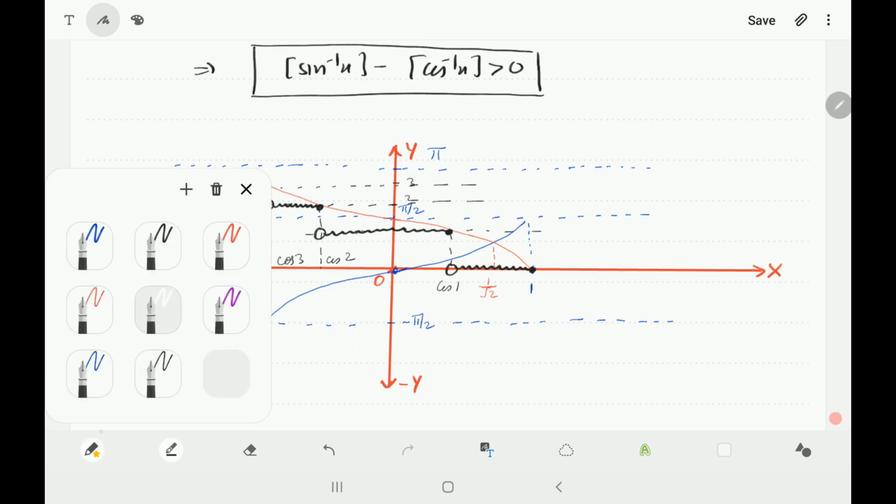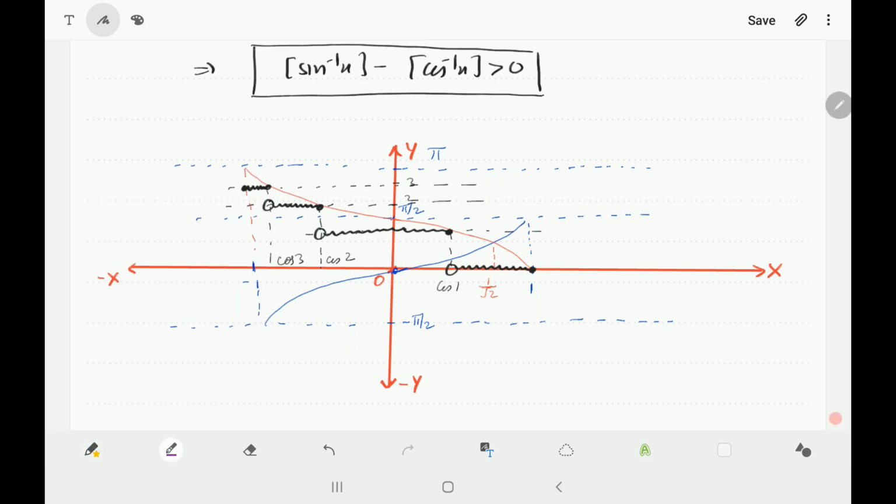Now let's draw the graph of greatest integer of sin inverse x. So we have a blue curve of sin inverse x. So obviously here we will have to draw a line at -1, then there will be a line at 0, then there will be a line at 1. Okay. So at 1, we will have an intersection, this is already drawn at 1. So here we will have the value of sin 1. So once you take the greatest integer, here the greatest integer will be -2.